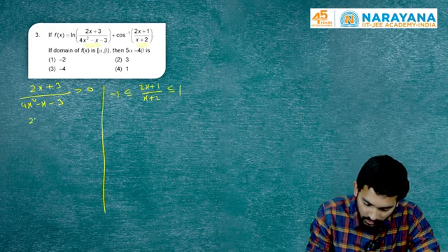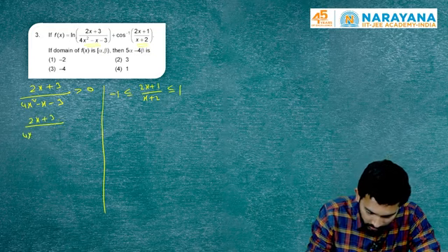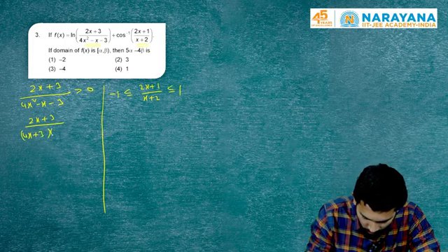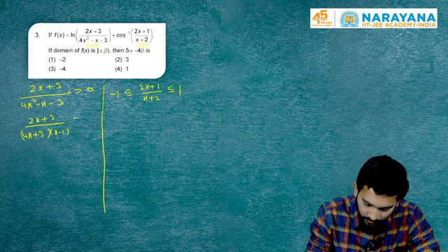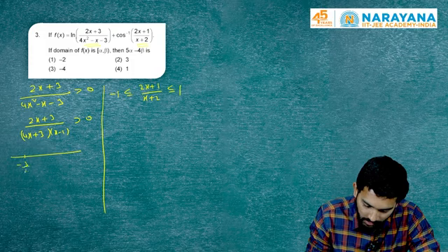If I solve this side, it will be 2x plus 3. If I factorize the denominator, I'll get 4x plus 3 into x minus 1 greater than 0. Simplifying this using the wavy curve, I'll get minus 3 by 2, minus 3 by 4 and 1, with signs plus minus plus minus.